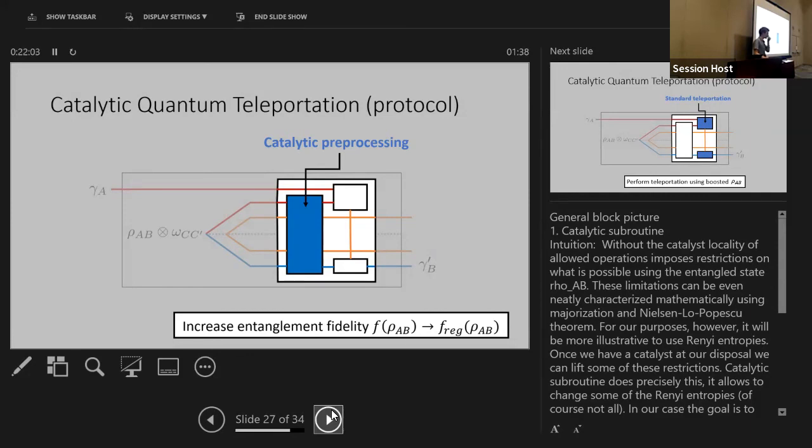And what it does is essentially, so what we do is we take a very particular state for the catalyst, and it turns out that if you tensor out the shared state with the catalyst, in the joint space of the state, you will be able to measure.